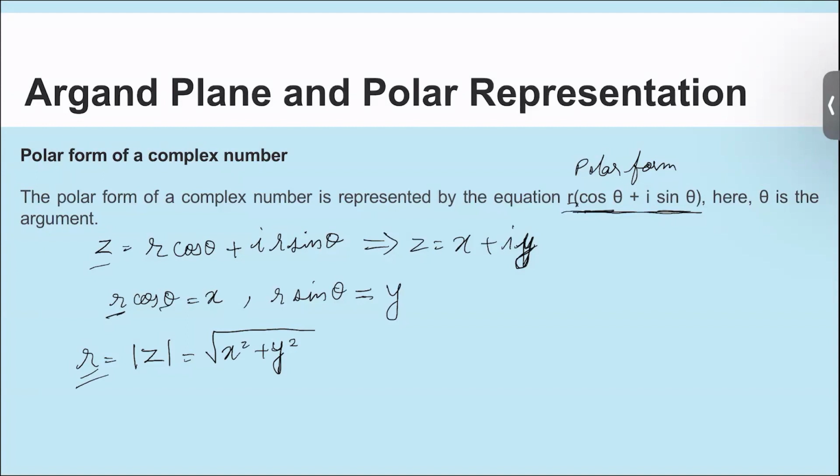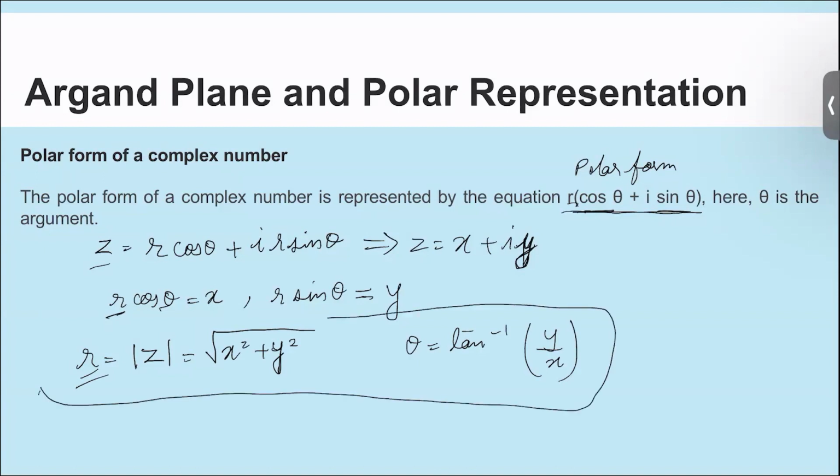Theta we can find using the formula for the argument of the complex number, tan inverse of y by x. This is how you can find the individual parts of the polar form of representing a complex number.